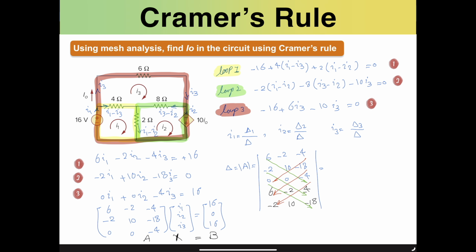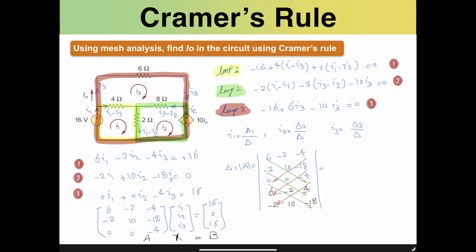So all of the diagonal values along this green arrow are going to be multiplied together. So 6 times 10 times minus 4, and it will be combined with minus 2 times 0 times minus 4, plus 0 times minus 2 times minus 18. So all of them are going to be summed up together.